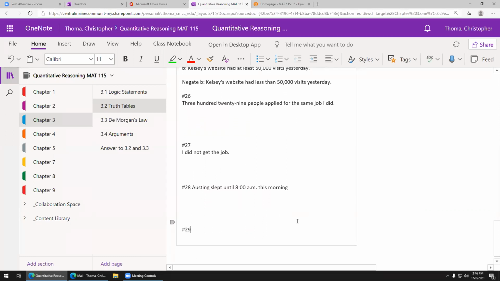Number 29. None of the Christmas tree lights are not working. Ooh, that's a weird statement.